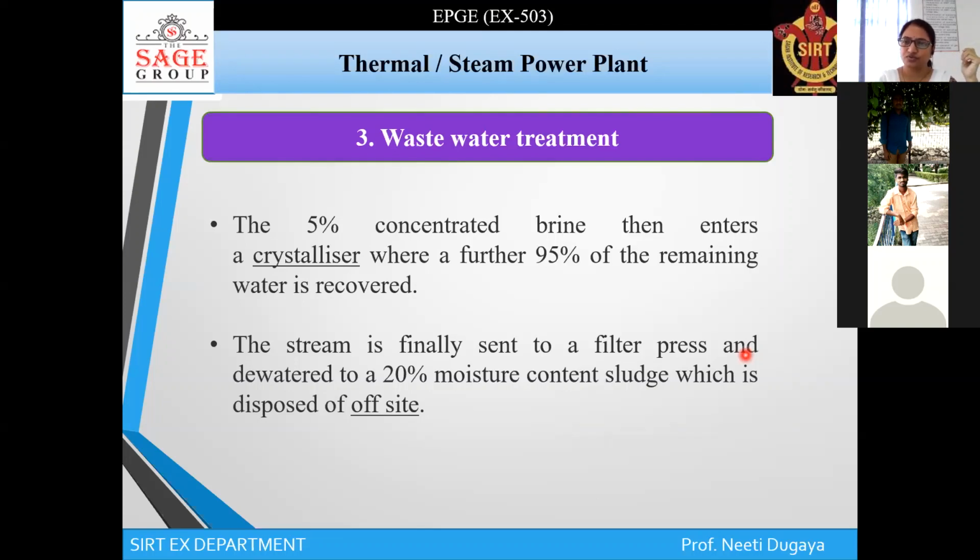So this is all about the wastewater treatment plant. We give polluted water as input, and after traveling through so many blocks of the plant, the solid waste comes out, which is then disposed to a particular landfill.